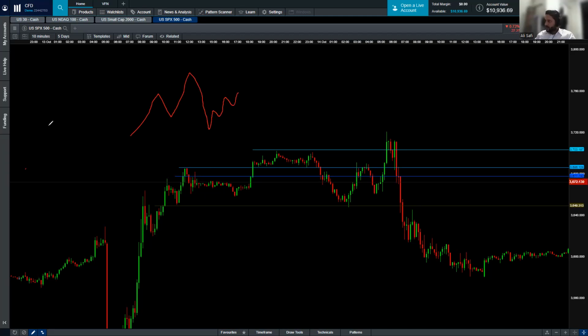We don't want something like this. So which one is it, 1 or 2? This movement is like this, it's not like this. So if you put your stop loss here, because there is enough momentum to go to the upside, it's going to trigger your stop loss.